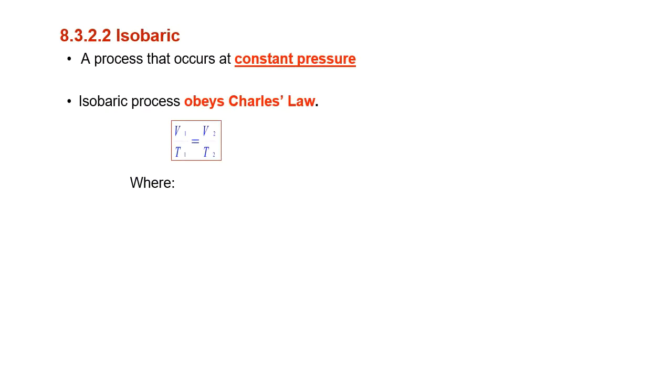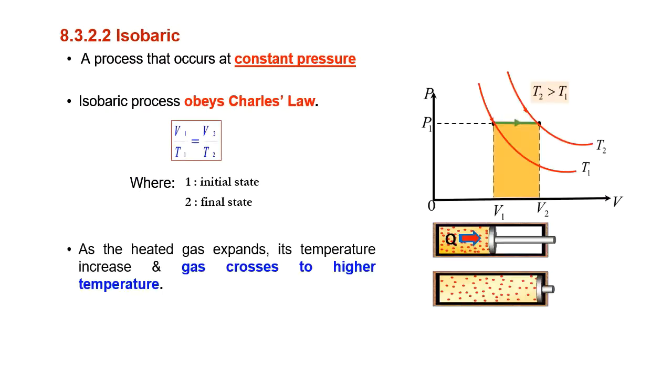The next process is isobaric. Remember, this process occurs at constant pressure. So as we can see on the graph here, the amount of pressure is constant. Meanwhile, the other values, which are volume and temperature, are changing.